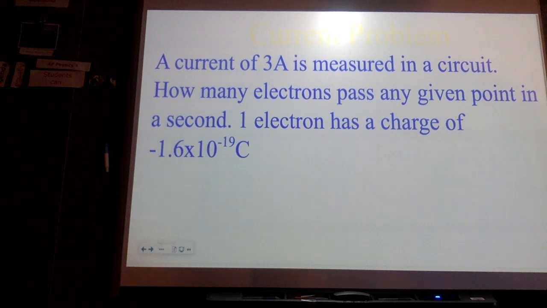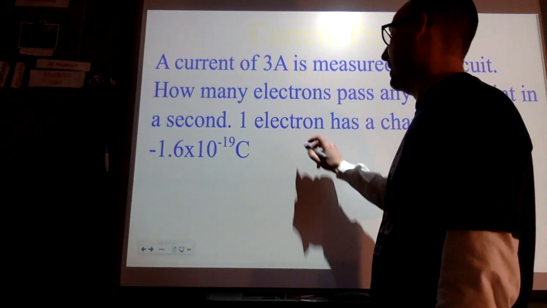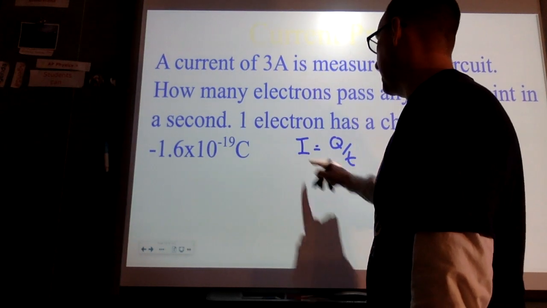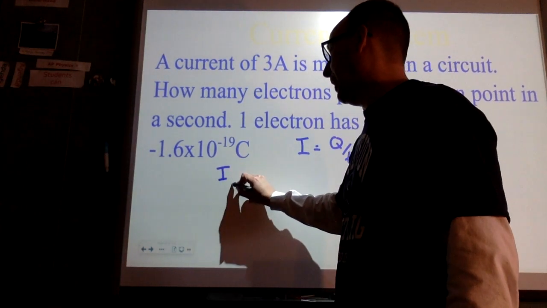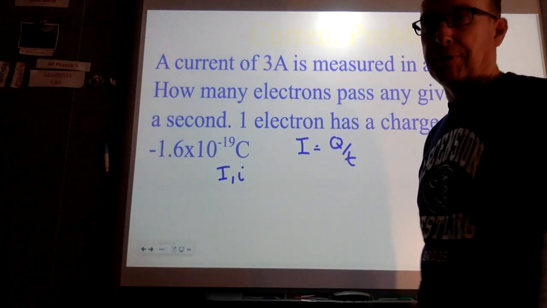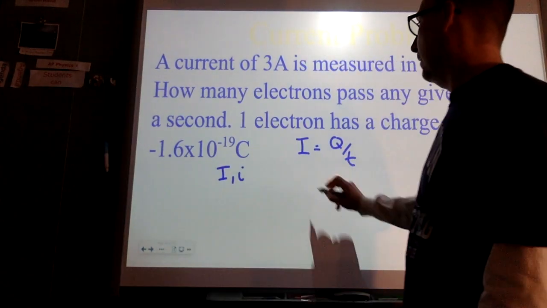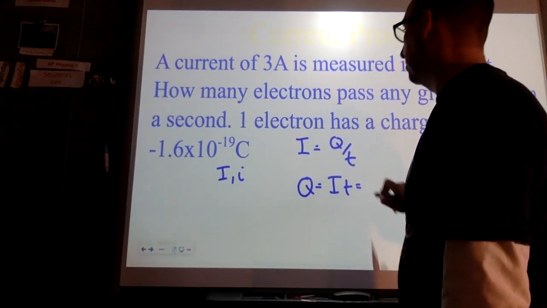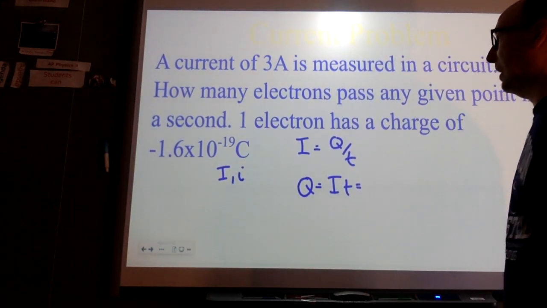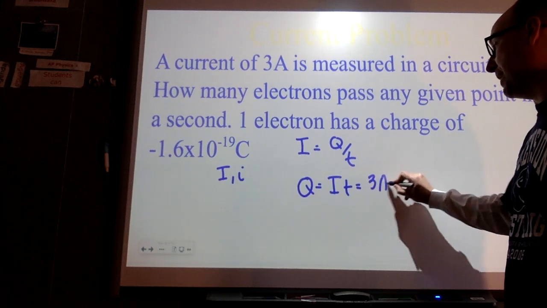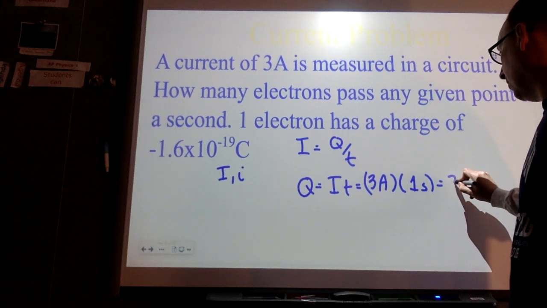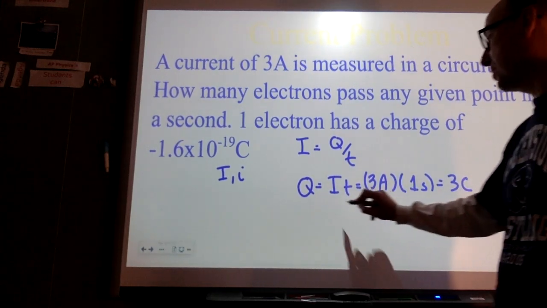So a current of 3 amperes is measured in a circuit how many electrons pass any given point in a second. So our formula is I equals Q over T. I can be uppercase or lowercase, very much like Q can and M can. And so Q is going to be equal to I times T. So this is going to be 3 amperes times 1 second, or 3 coulombs.